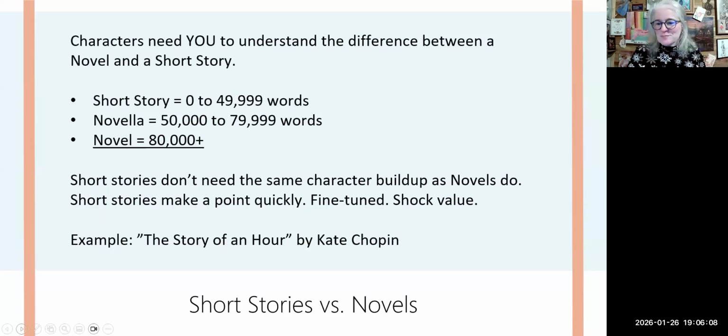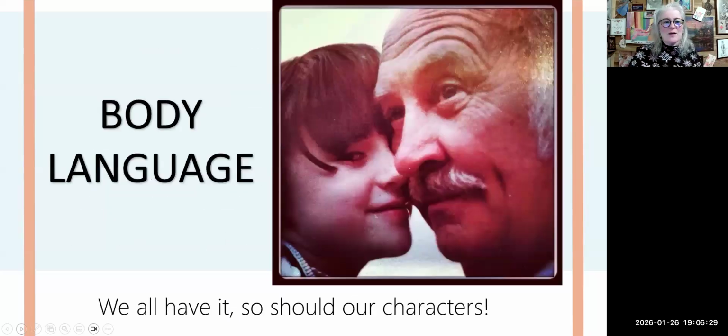That shock value. If it didn't have the shock value, it wouldn't have gotten talked about. And it wouldn't have ended up becoming a part of the birth of the feminist movement. Very interesting to read about the history of The Story of an Hour by Kate Chopin and its effects on society. Just saying.